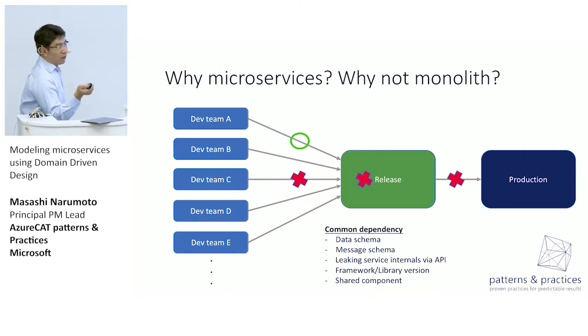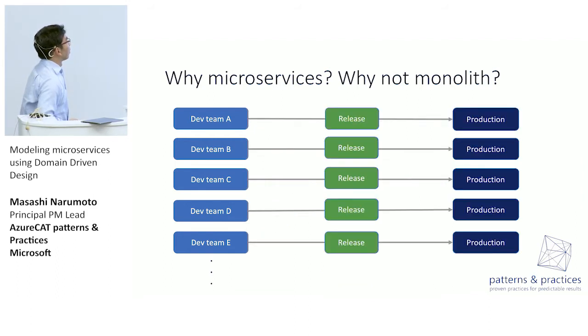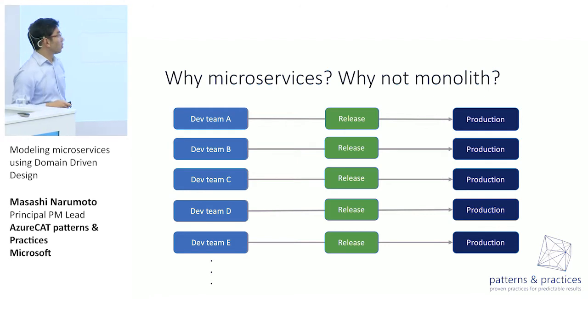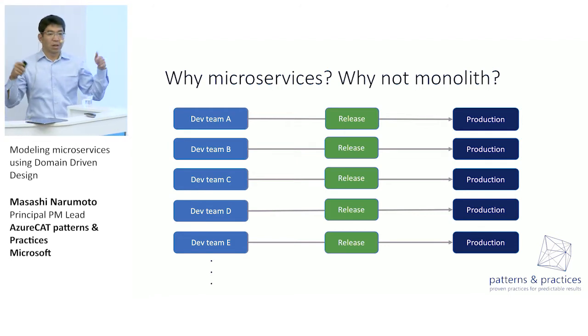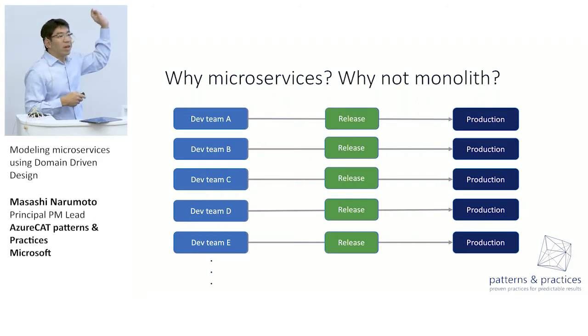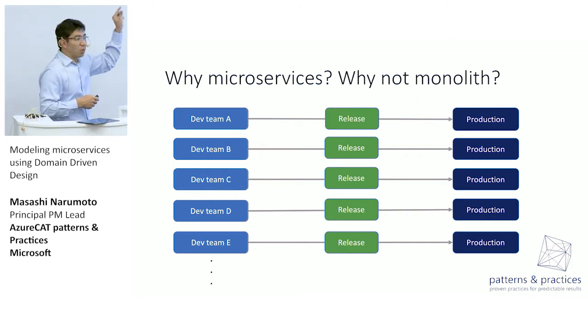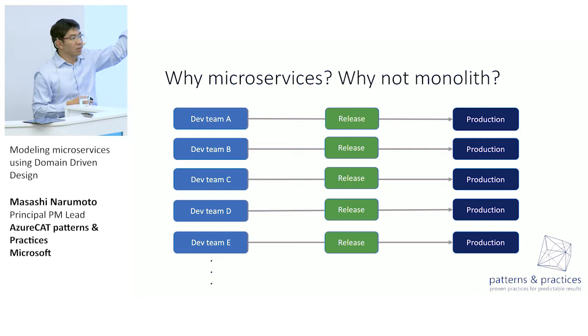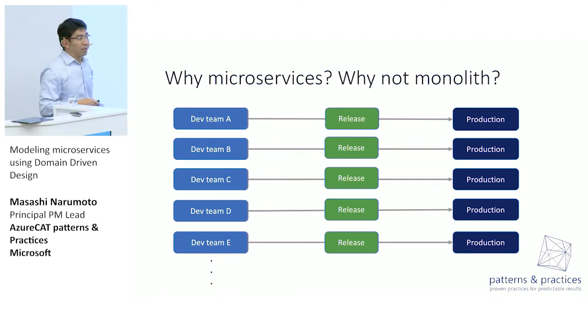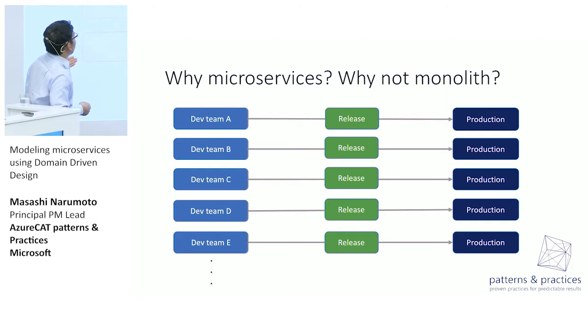So how can we fix this problem? This is the way microservices work. Instead of sharing a single release pipeline, now every team has its own release process going to the cluster. So nothing shared, right? A shared-nothing approach in DevOps.